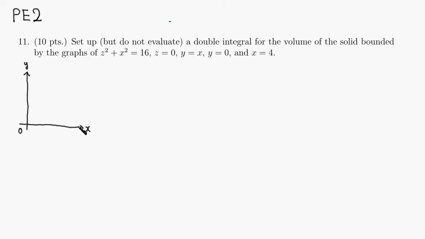Y equals x is just a straight line with slope 1 going through the origin. So this is y equals x, and y equals 0, that's the x-axis right here.